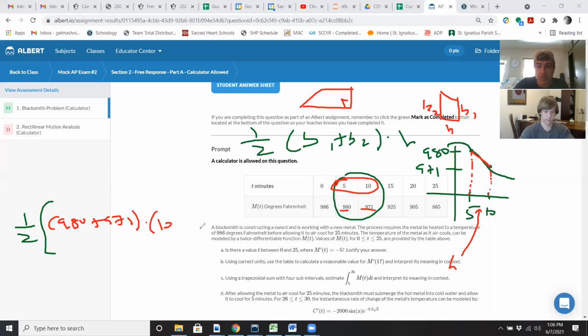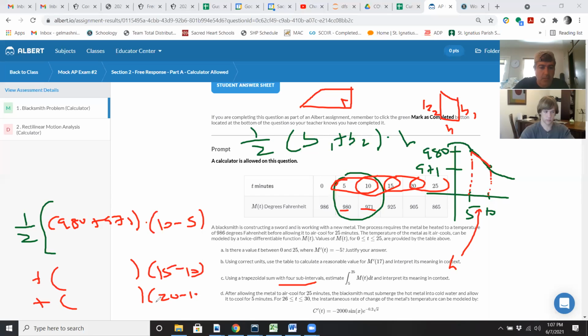Then you have to do this 3 more times because you want 4 subintervals. So you do 10 to 15, 15 to 20, and 20 to 25. So plus 15 minus 10, plus 20 minus 15, plus 25 minus 20. Then you put the y values here.